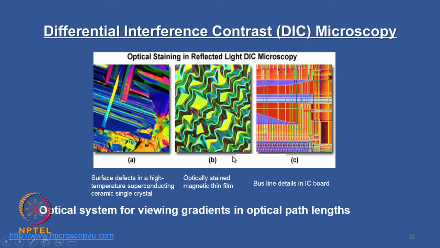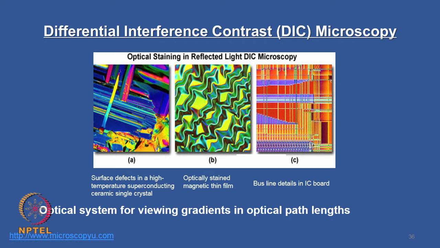Image B is of magnetic thin films, and image C is bus-line details in an IC board. These are some of the best micrographs one can achieve through DIC.